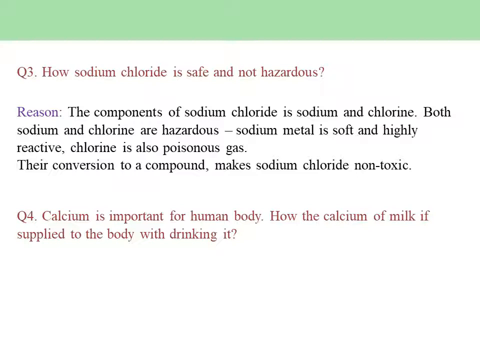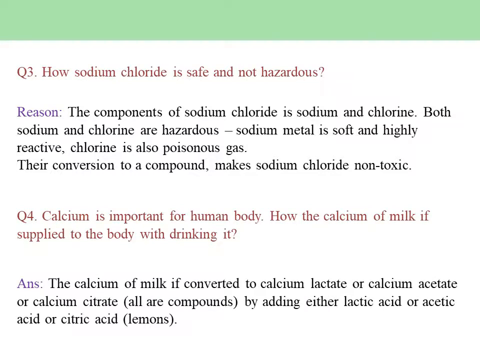It's by transformation. The calcium of milk is converted into calcium lactate or calcium acetate or calcium citrate. All are compounds. Calcium lactate is one compound, calcium acetate is another one, calcium citrate is another one. Whichever one is comfortable, any of the compounds you can transform.